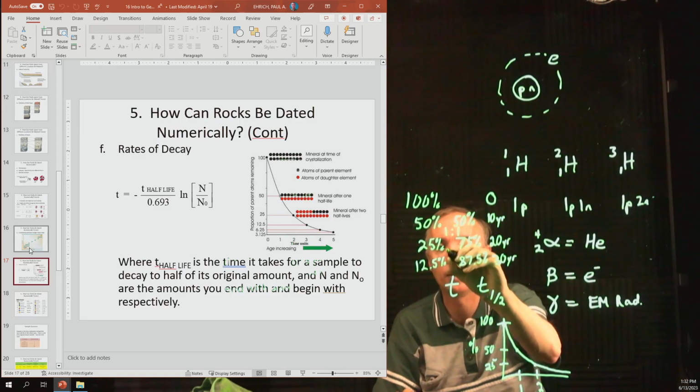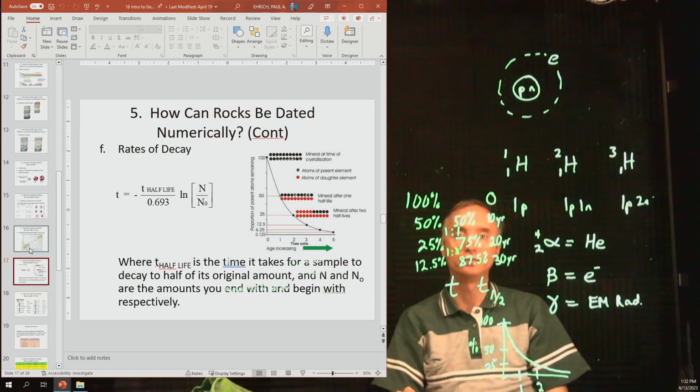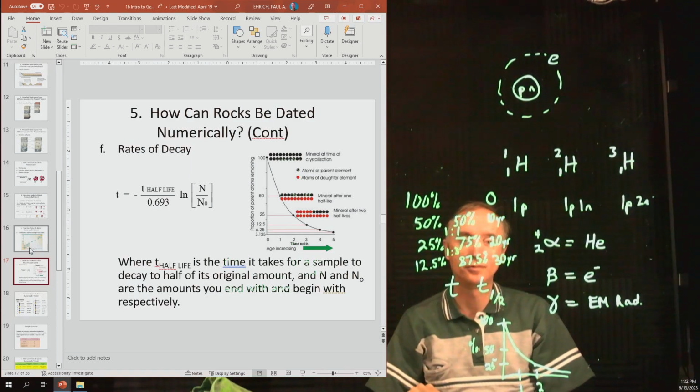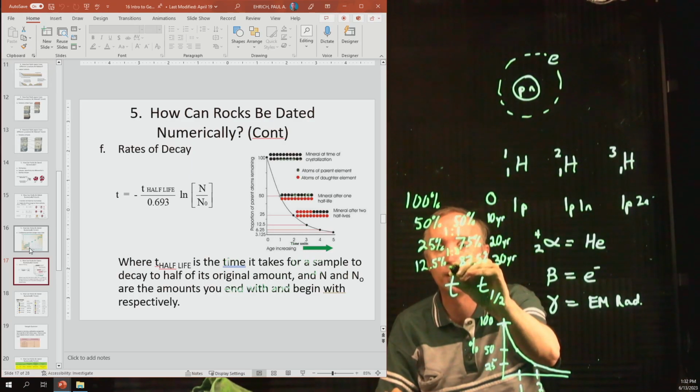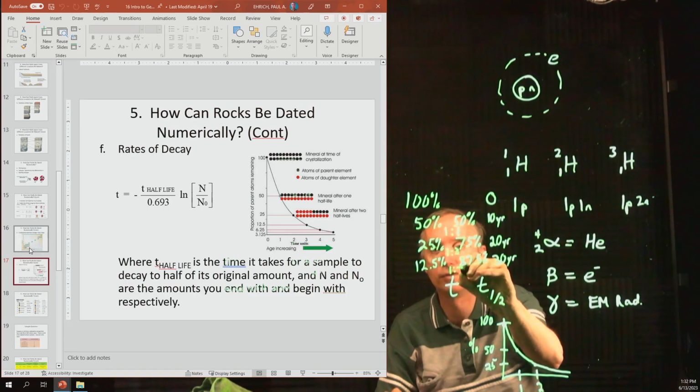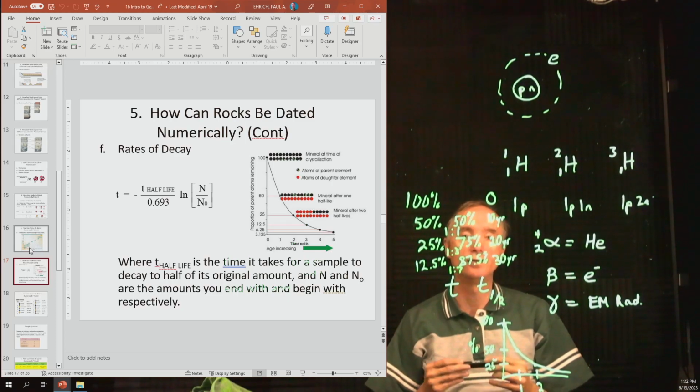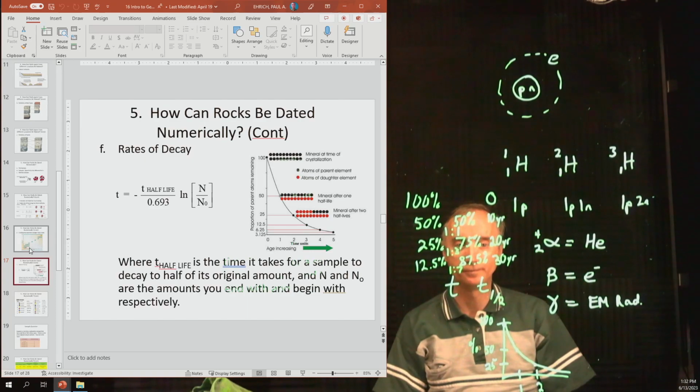So this would be a 1-to-3 ratio. How many times does this go into this? Well, you're going to need a calculator, but about 7. So this would be a 1-to-7 ratio. So just be aware, you might see it written that way on the exam instead of percentages.